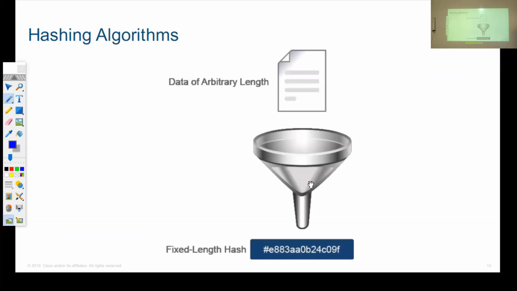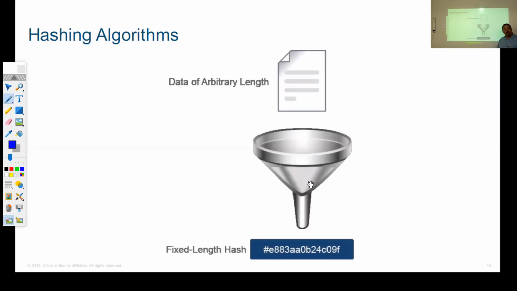We want to make sure that we have some way of validating that nobody has changed the contents of that packet. So we use a hashing algorithm. What the hashing algorithm typically does is take an arbitrary length of data, usually based off the checksum of this data, along with a key value, and run it through a mathematical algorithm, SHA or MD5.